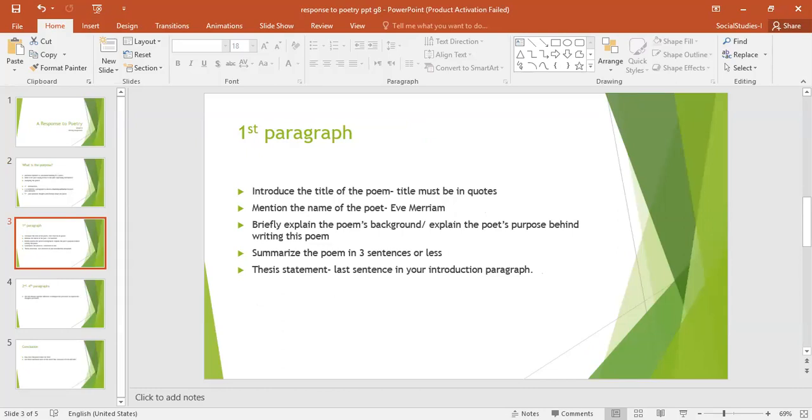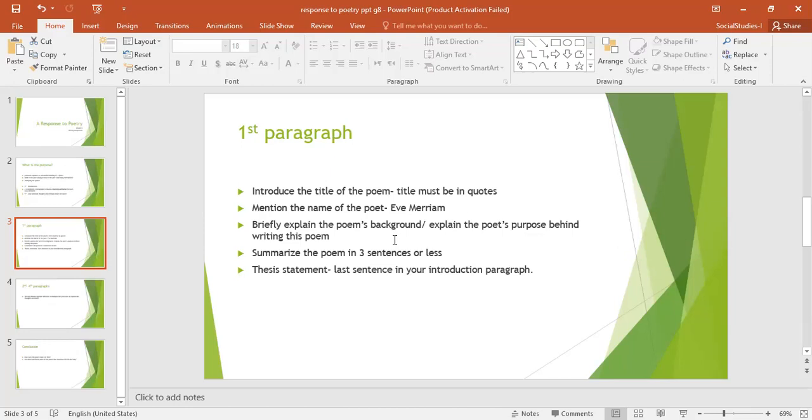We're going to make sure that when you write your introduction paragraph, it includes the title of the poem. Whenever you introduce the title of the poem, you need to put it in quotes, so "The Willow and the Ginkgo" by Eve Mariam.